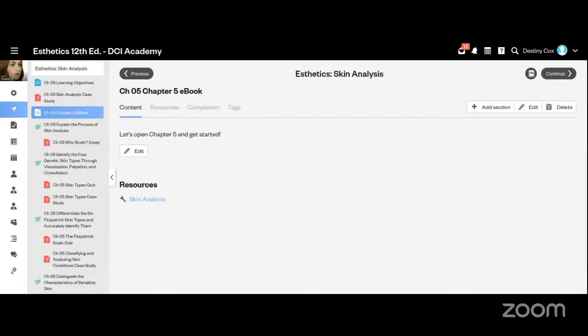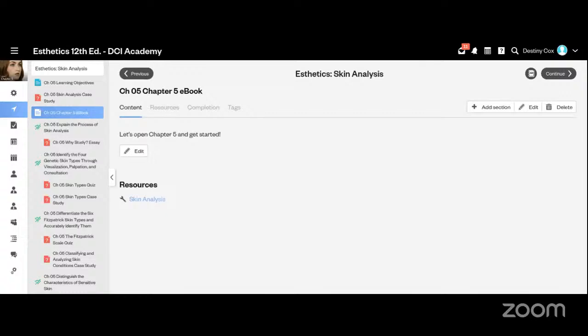Let's look at the objectives for this chapter. It says estheticians should study and have a thorough understanding of skin analysis, because this is an area I really want you to hone in on.